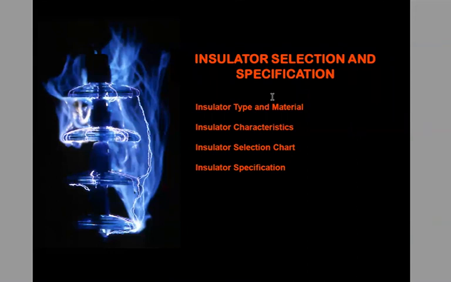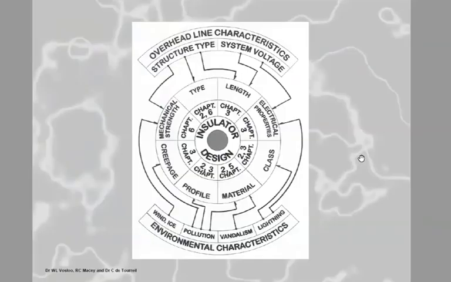Now, this is a chapter from the book, and it's insulator selection and specification. And I'm just going to start off by introducing you to the item which is most probably the backbone of our network, and that is an insulator, a high voltage insulator.